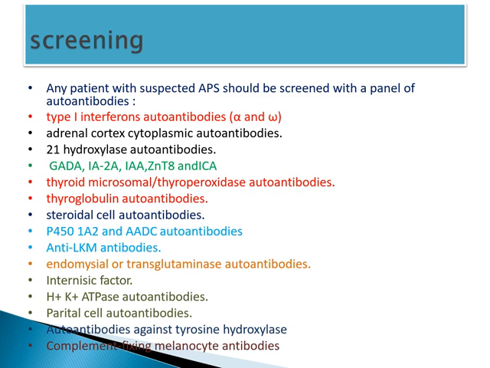Then you can have hydrogen potassium ATPase autoantibodies, partial parietal cell autoantibodies, and autoantibodies against tyrosine hydroxylase and the complement fixing melanocyte antibodies.